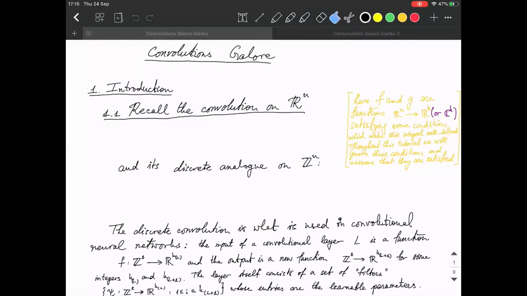So yeah, convolutions galore. That's basically what I'll talk about. Well, galore is a bit of a stretch here. I'm actually going to talk just about two kinds of convolutions, and one of them is the standard one that we're all used to from some applied math class, if we've ever taken one.